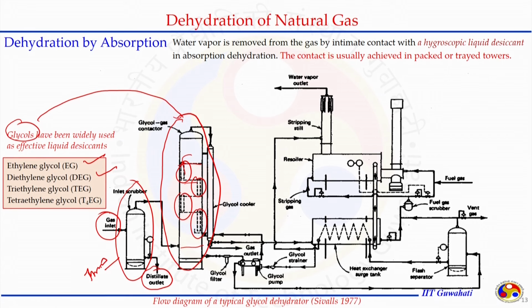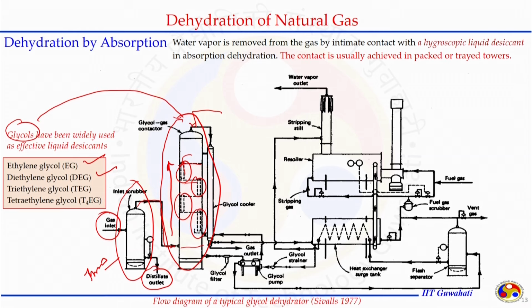After that, the gas from this scrubber or separator is going to flow from bottom to top in this absorption tower, and the liquid desiccant is flowing from top to bottom, and that is where the counter current flow is happening in this tower, and gas and liquid are in contact.